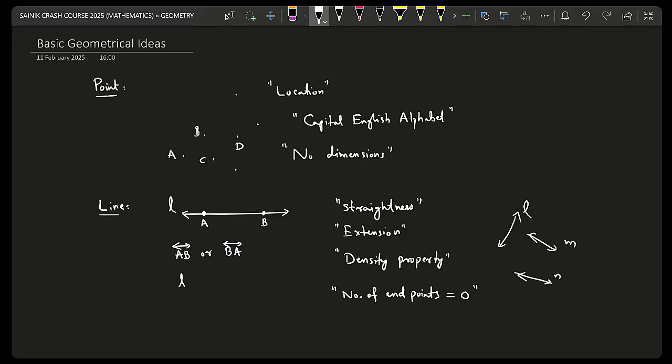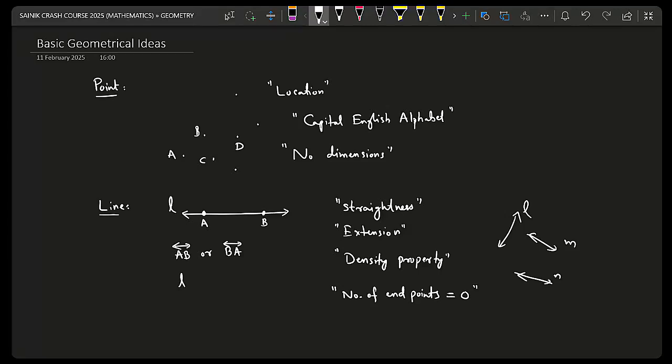It has some dimensions, some length and some breadth. But a point, to be precise, does not have any dimension. It is showing the location, but it does not have any finite length, breadth, or height. Actually, we say it is an imaginary concept only. There is no physical thing like that. Okay. Point.